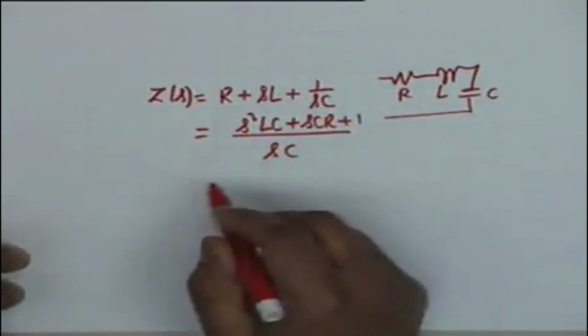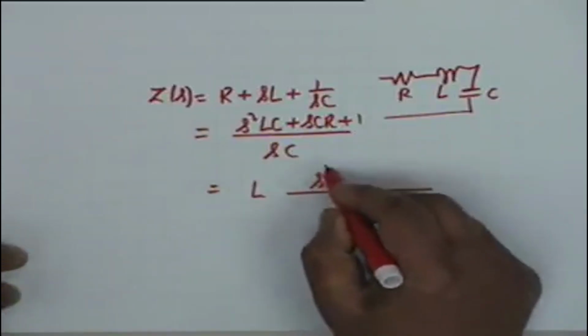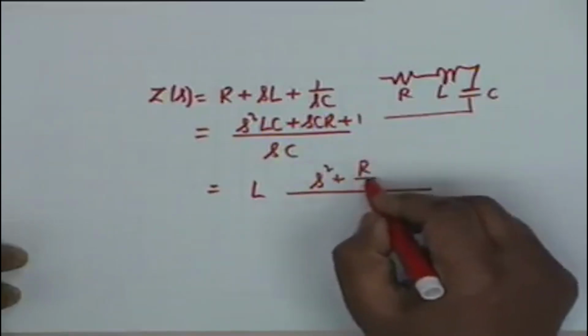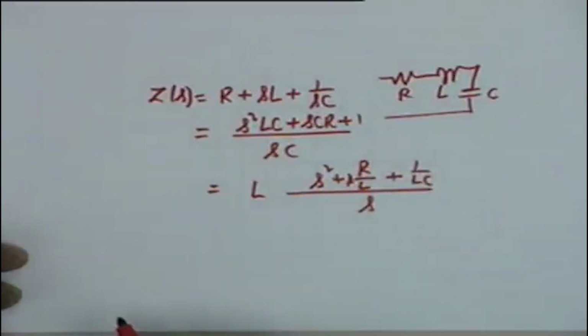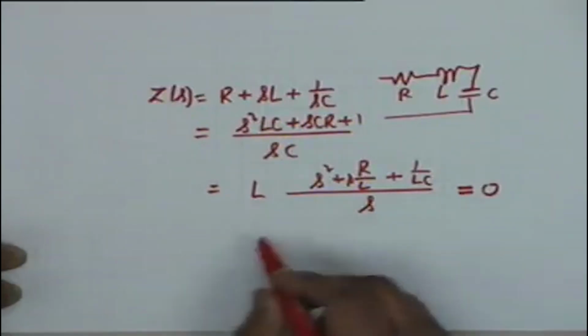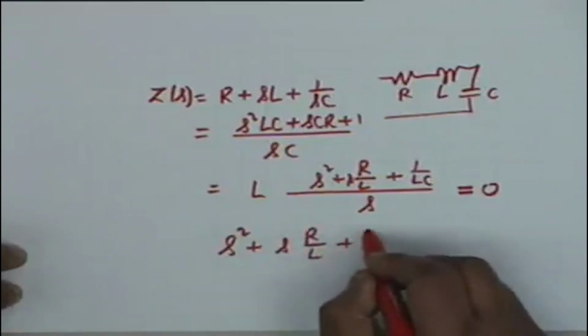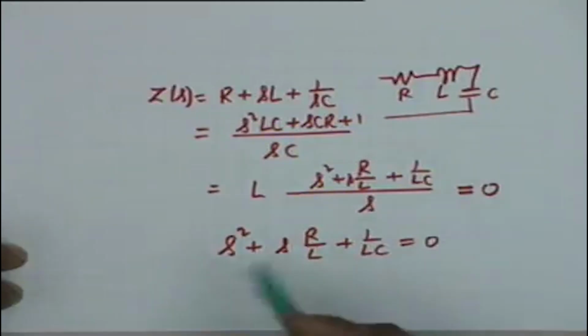Now, we wrote this as L multiplied by (S squared plus R by L times S plus 1 over LC) divided by S. Now you put this equal to 0, which means that the numerator, that is S squared plus S R by L plus 1 over LC equal to 0. Don't you see that this is precisely the characteristic equation of the circuit?